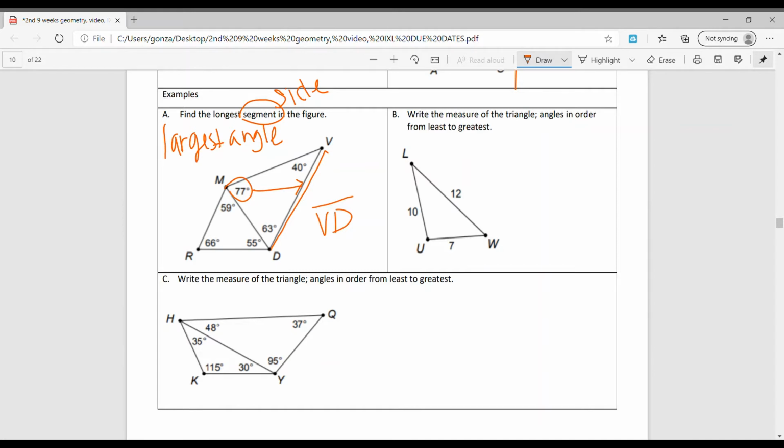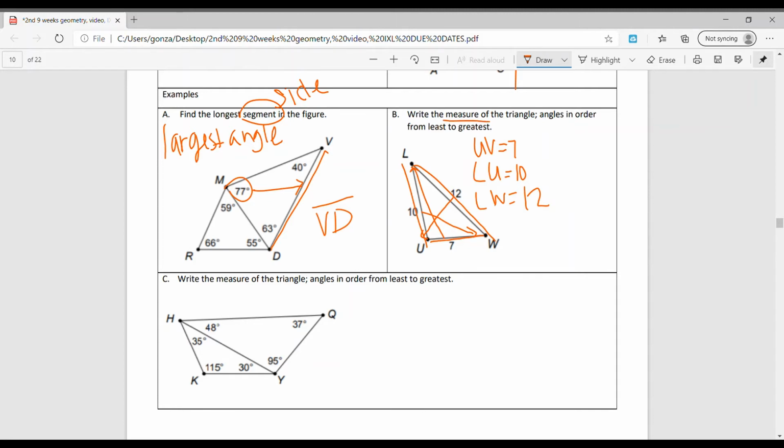So UV, the opposite angle is going to be L. Then for LW, the opposite angle is going to be U. And then for LU, the opposite angle is going to be W. I know that UV equals 7, LU equals 10, and LW equals 12.